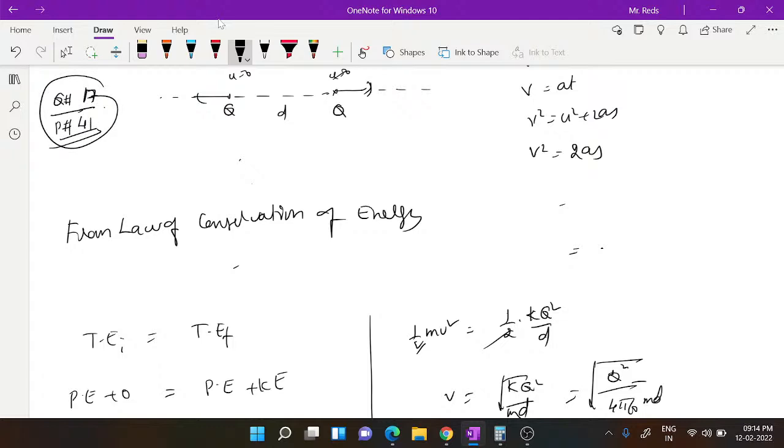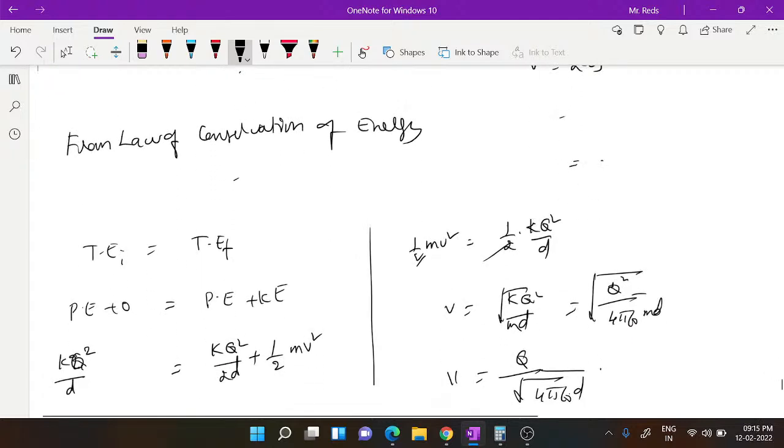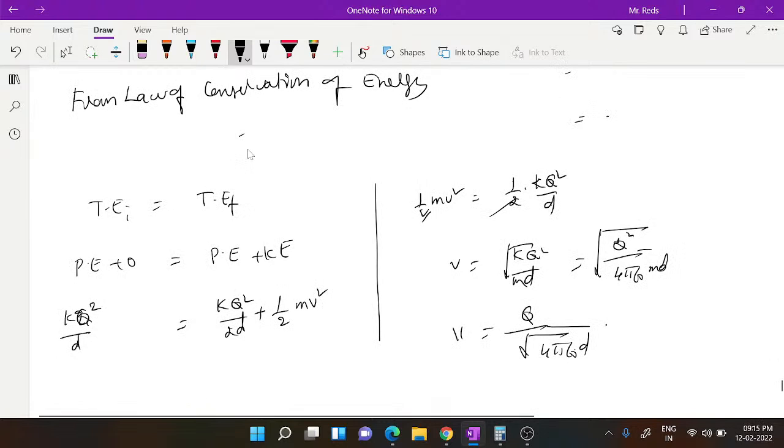You are asked to find the velocity at separation. Initially it has potential energy, released from rest, so kinetic energy is zero. At 2d separation, it will have potential energy plus kinetic energy. By equating them and simplifying, we get the velocity as this.